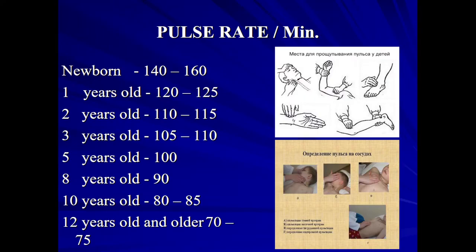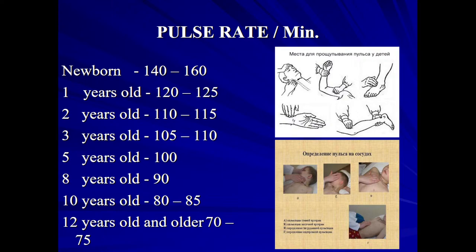You can see parameters of pulse as it changes. At 5 years old, it's nearly 100 per minute. At 8 years old, 90. At 10 years old, 80 to 85.